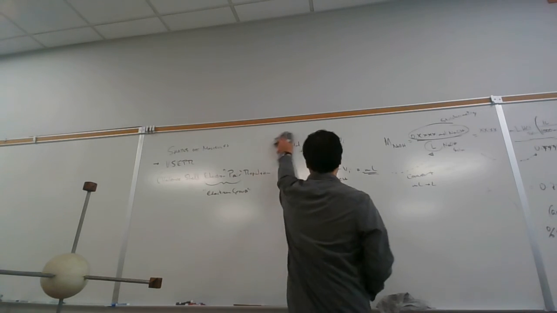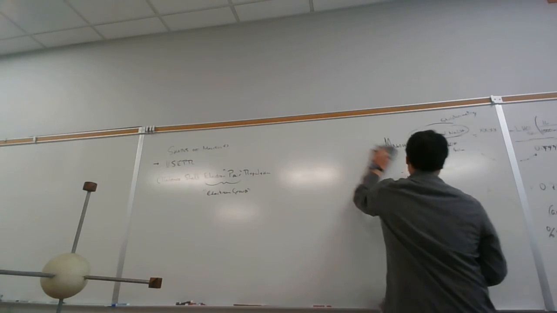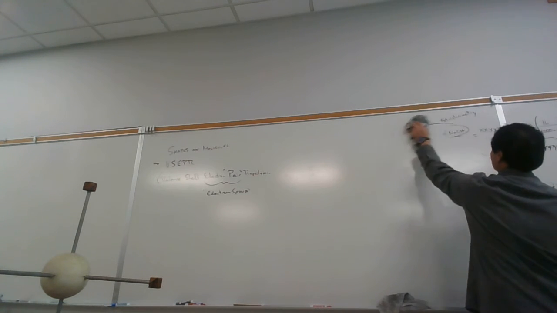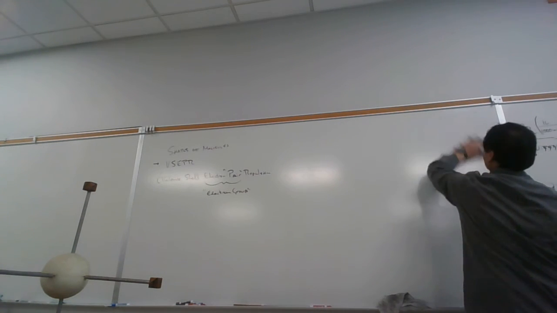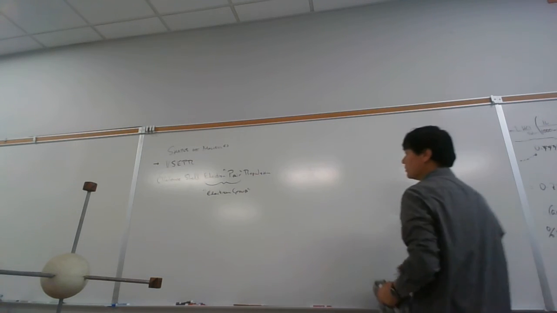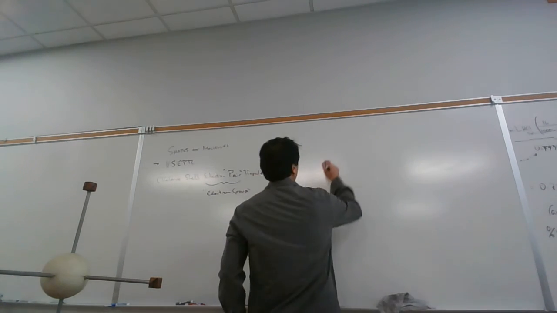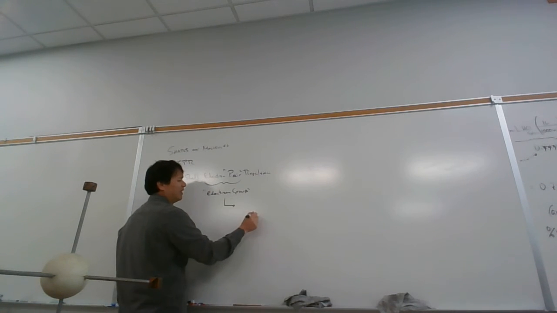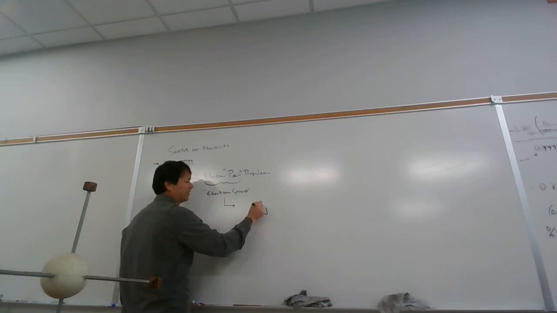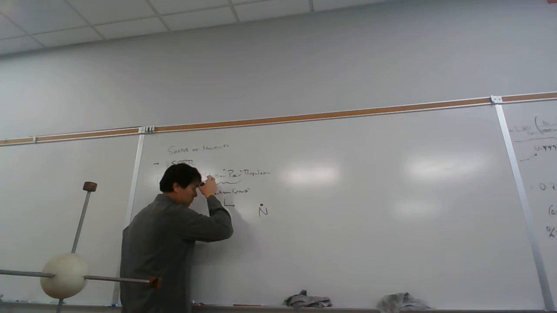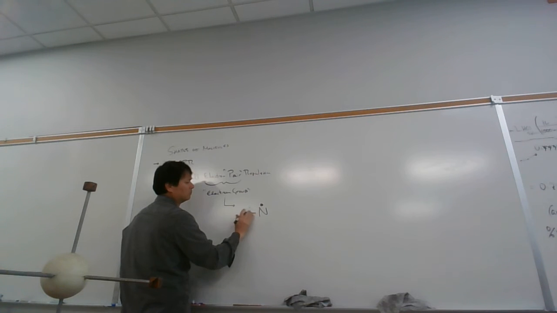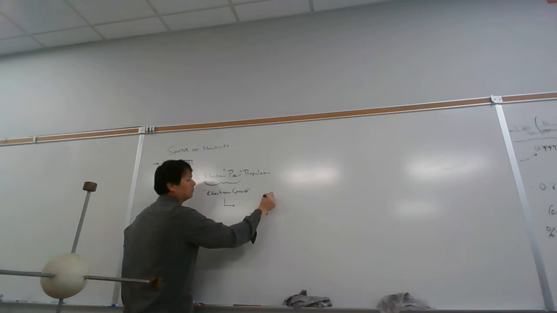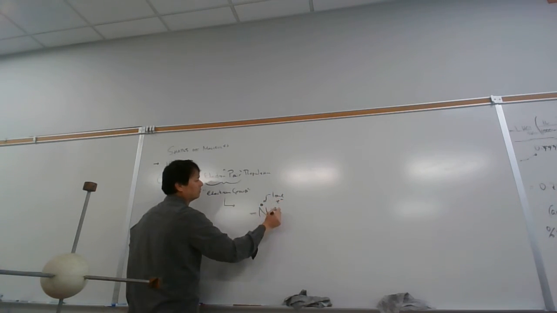Because it doesn't have to be a pair. It can be a single electron or two pairs or three pairs of electrons. All those are considered an electron group. So what are electron groups? Electron groups would be like this: a nitrogen radical, a lone electron, it's called a radical.